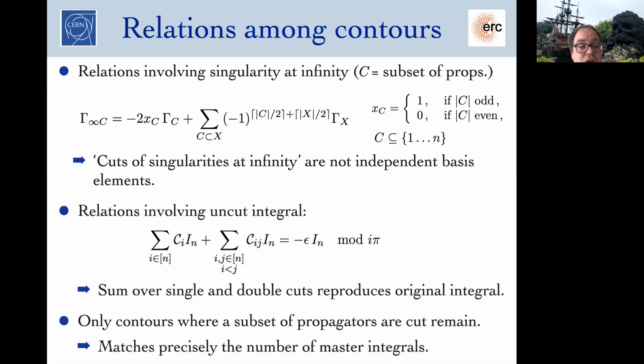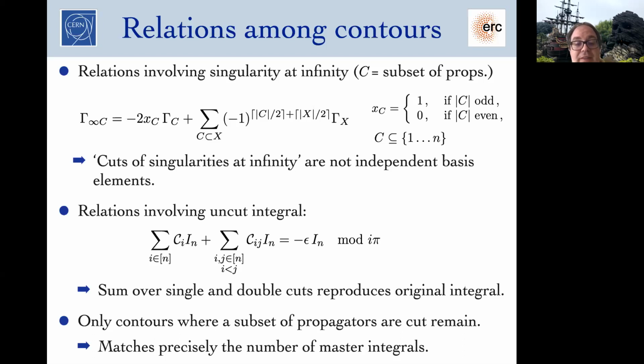In addition, there's the following relation, which says that the original Feynman integral, n meaning just the number of propagators, is always the sum of all single cuts and all double cuts, up to a power of epsilon and up to powers of pi, depending on the branch on which you compute these cuts.